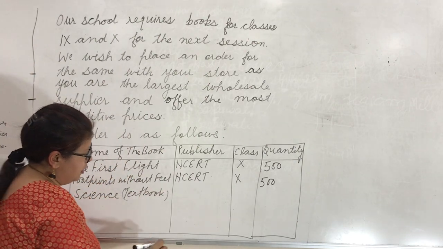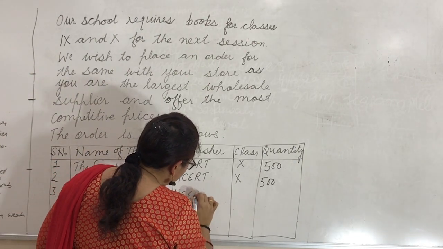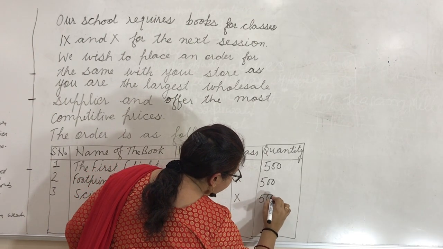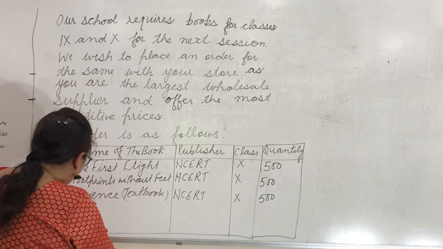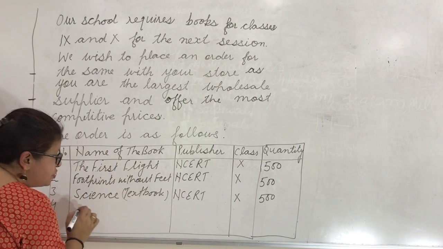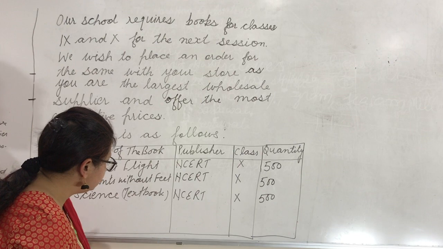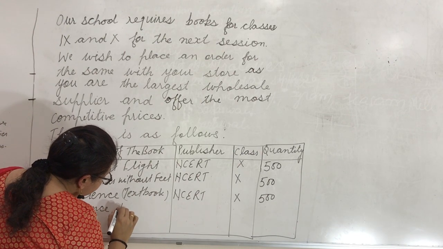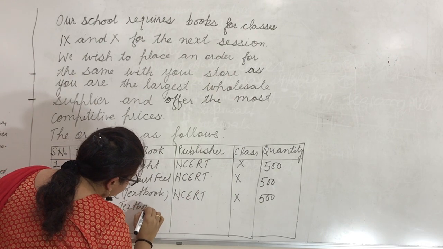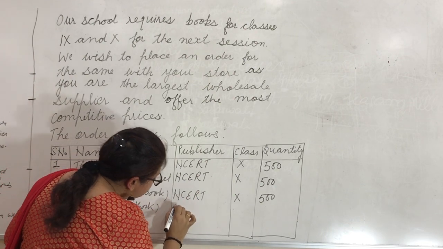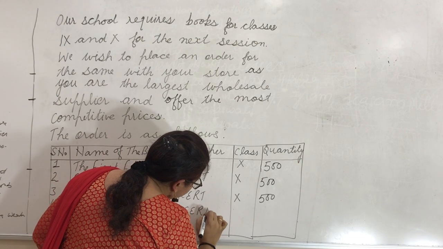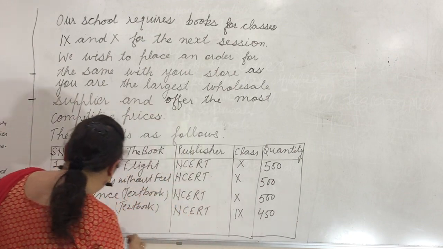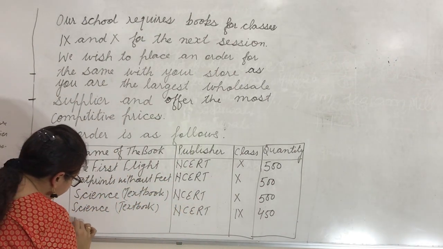And who is the publisher? Again NCERT. Class 10th. 500. You can ask for, it's not necessary that every time you are writing the same class. Let's change it now. Science textbook. NCERT. Class 9th. 450.